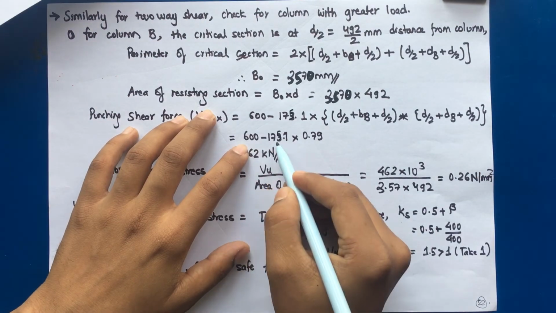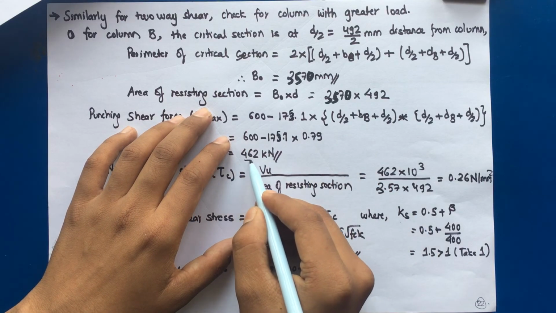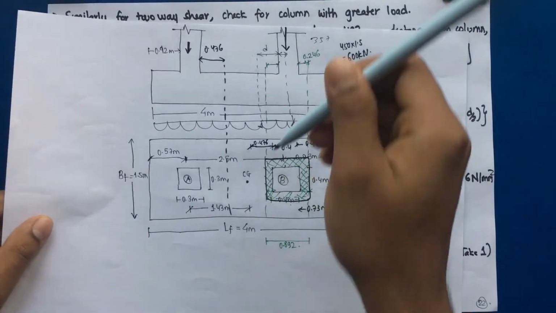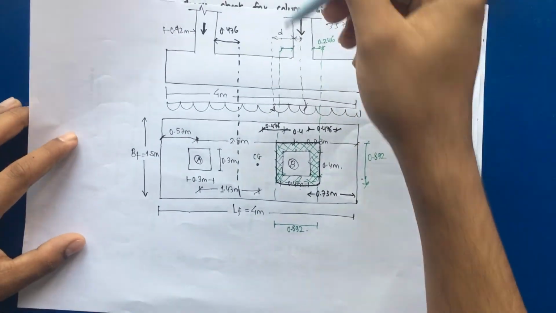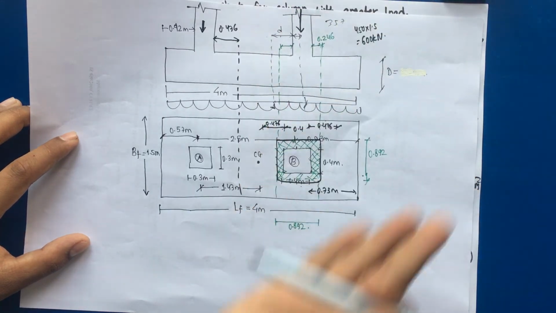So 600 minus 175.1 into 0.79, and we get this value as 462 kilonewton. Basically this two-way shear effect, or you can say the punching effect, is due to the action of the column load and the swell pressure.